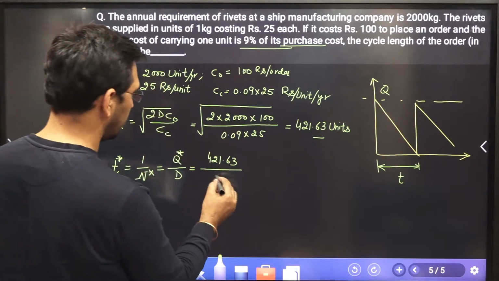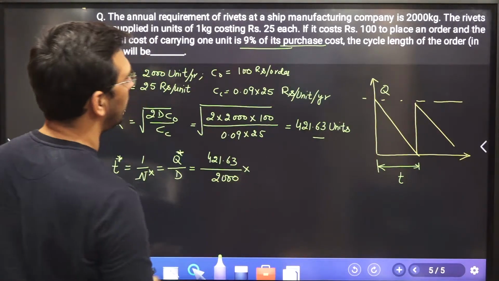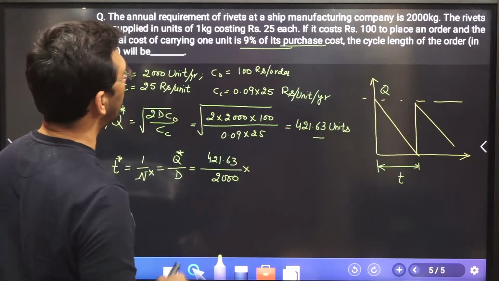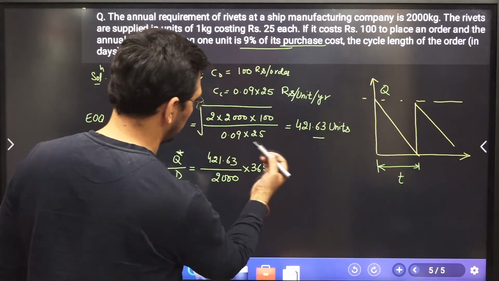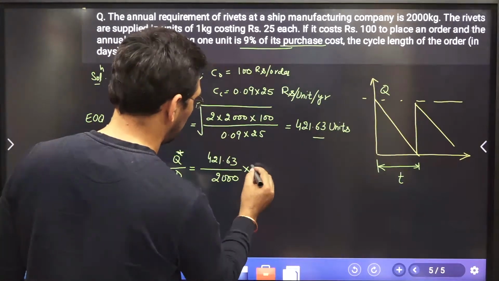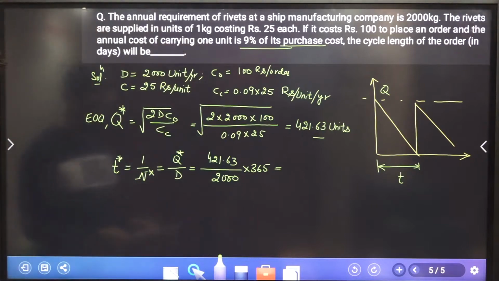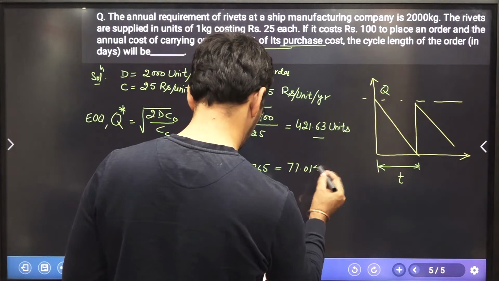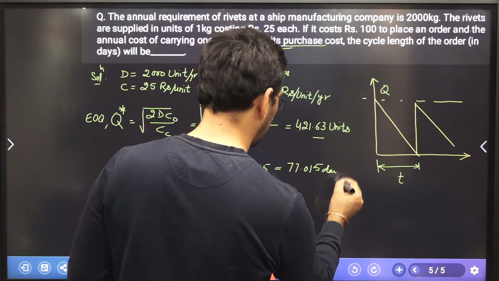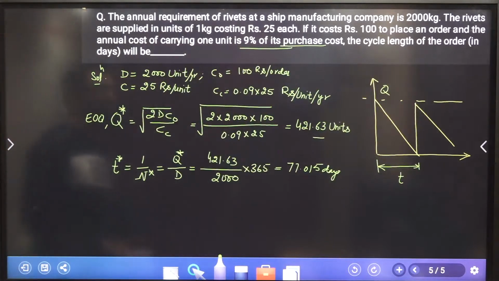This is 2000 per year, so convert that year into days. Since he has not mentioned how many working days, I have to take 365 days in a year. So this total value will turn out to be in days. That will become the cycle time, 77.015 days. That is how you have to interpret.